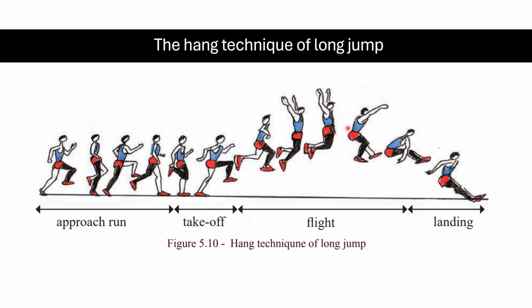And then the jumper moves his hands back. He leans the top part of his body forward, and also raises both his legs to the front and forward. So that is what happens during the flight. And also when he is getting much closer to landing, his legs should be well straightened. Let's talk about landing in the next slide.